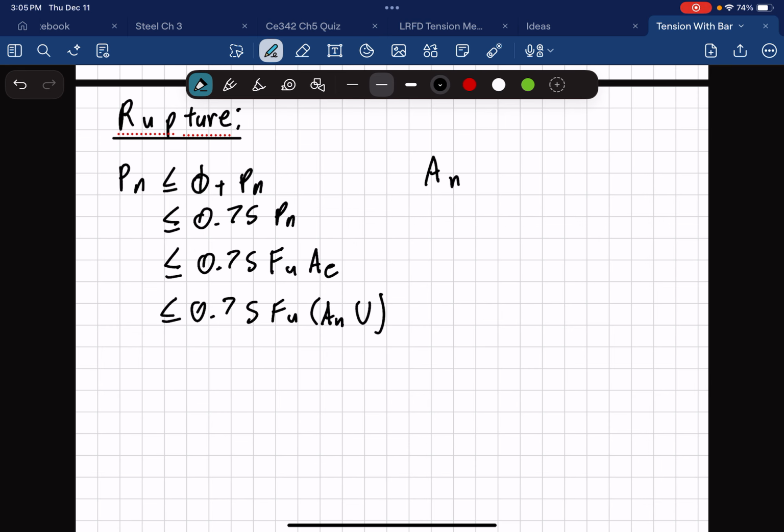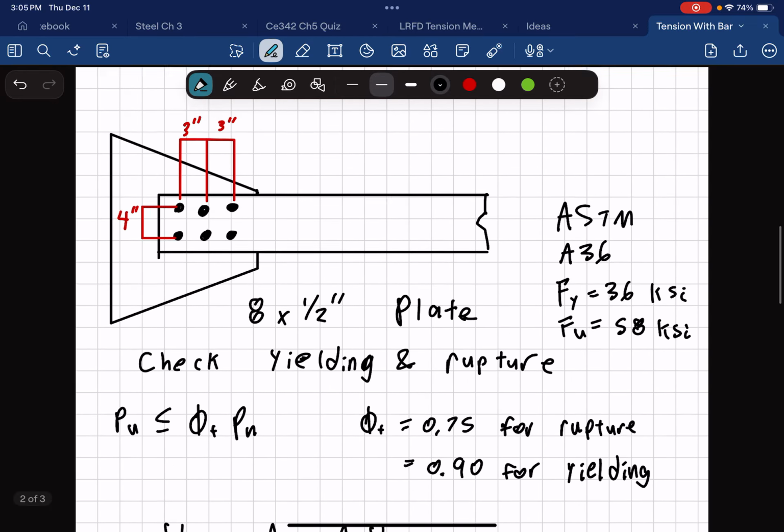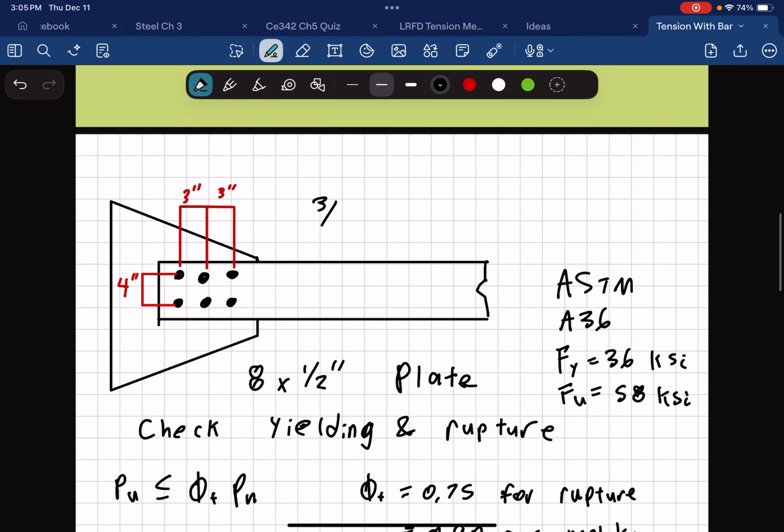So An is going to be equal to area gross minus the sum of the diameters of the bolt holes times the thickness. So we have 2 of them, so that's why the sum of them is important here. So we have 4 inches minus 2 times, what is our diameter? I should have probably said this earlier. We have 3/4 inch bolts in this problem.